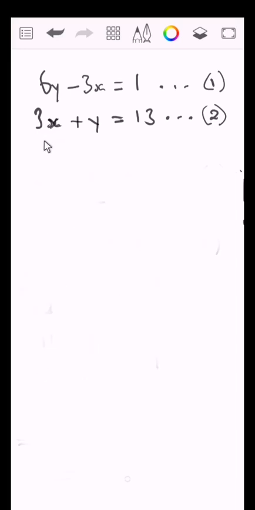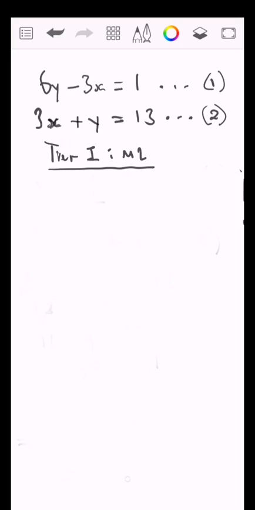The first tier of our method number 2, and our method number 2 is the method of elimination. So tier 1, I'm going to demonstrate how elimination is taught.